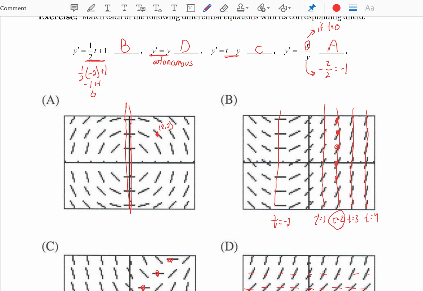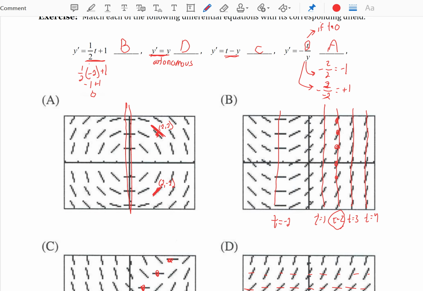So here my slope would have to be -1. Or if you pick the point 2, -2, there's your negative. Now your t value is 2, your y value is -2. This would end up being +1. And notice here your slope field would have a slope that's +1, which will allow you to deduce this is graph A as well.